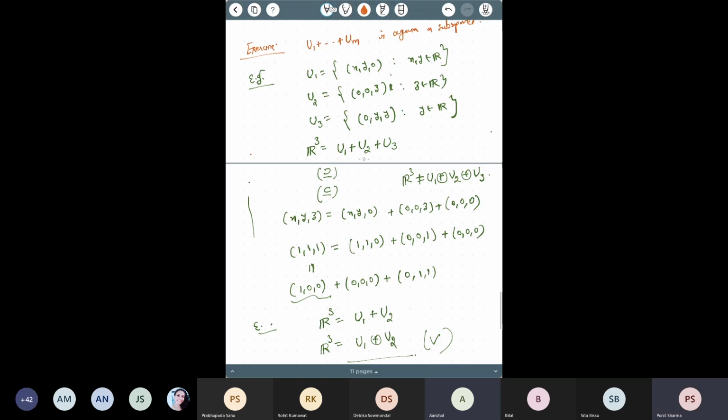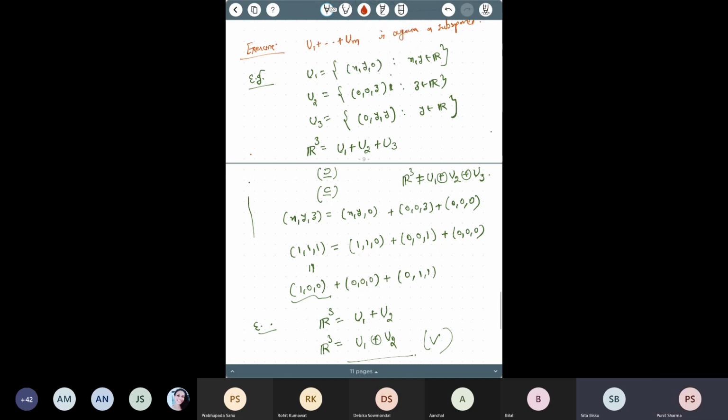So what is it? Sir, it should be empty. Empty? It will never be empty. There would be a 0, that means the zero identity will always be there. Sir, if U equal to U1 plus U2 plus up to Um, and the intersection of any two subspaces is 0, then it will be a direct sum. Yeah, so that's what I'm saying.